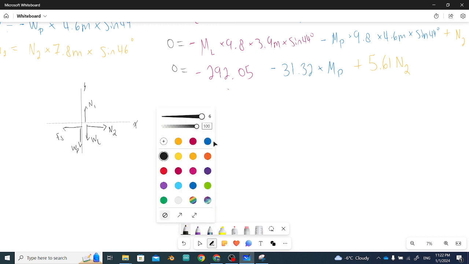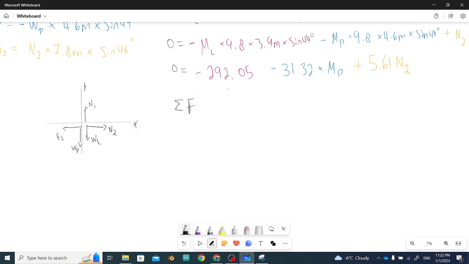Sum of forces in x is equal to 0, and sum of forces in y is equal to 0. Now, sum of forces in x, we have N2 minus static friction, that's equal to 0. And in the y, we have N1 minus weight of the painter minus weight of the ladder, and that's equal to 0.